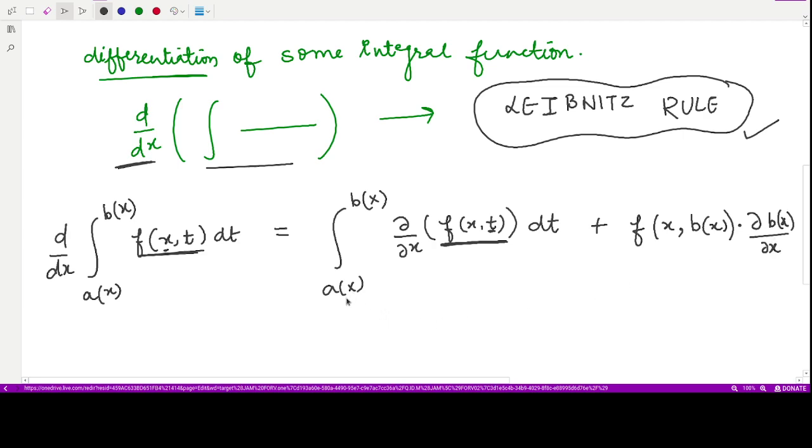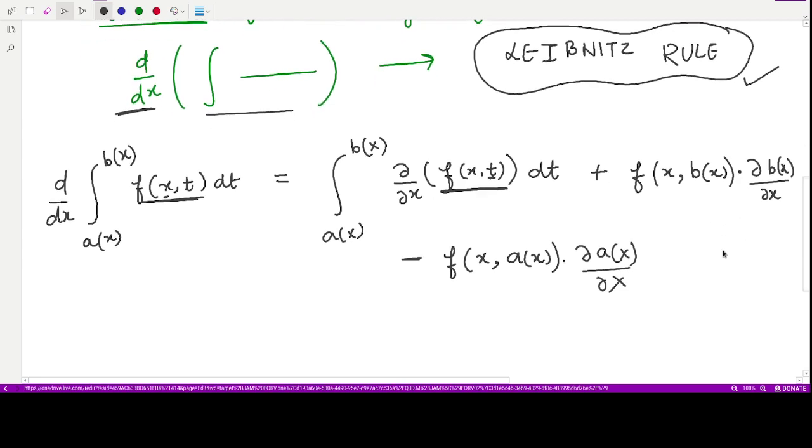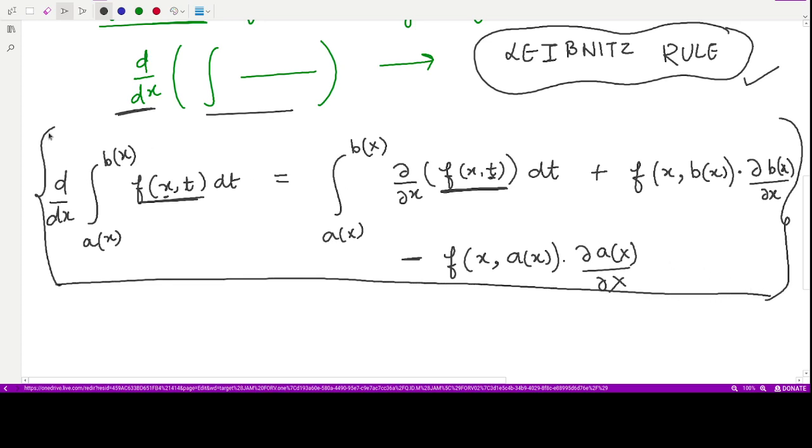For the third term, the lower limit term, we have a negative sign here, and the function's value evaluated at t equal to the lower limit. So we have f of x comma a of x here, multiplied by the partial derivative of this lower limit a of x with respect to x. So this is the formula. Obviously it could look somewhat difficult to remember, but it's great if you remember this formula, because it is quite useful in many applications.